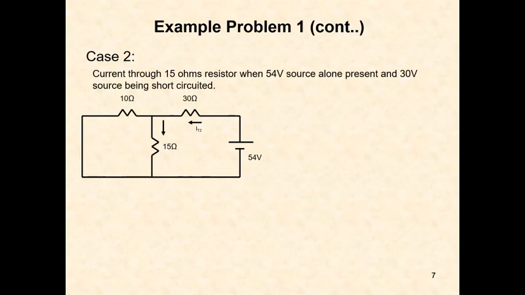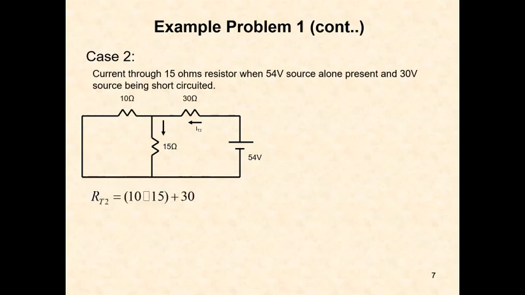Here the 30 volt source is short circuited and only the 54 volt source is applied. Now we have to find the current through the 15 ohm resistor. The resistance is 30 plus 10 ohms in parallel with 15 ohms.